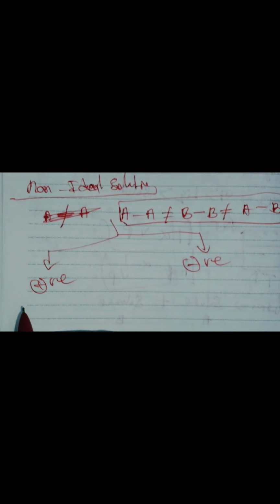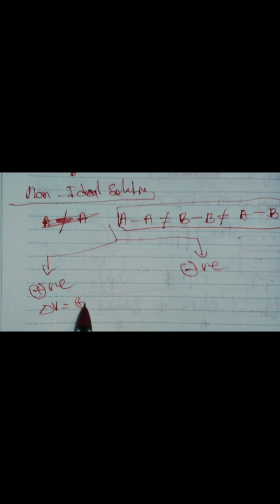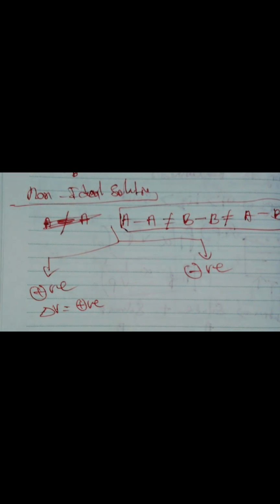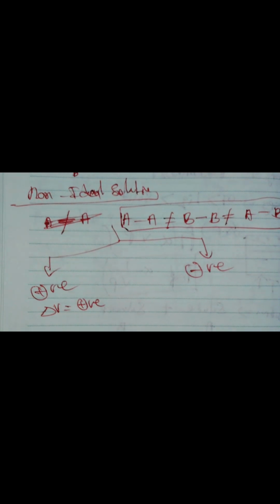In the case of positive deviation, delta V is positive, so the volume increases.